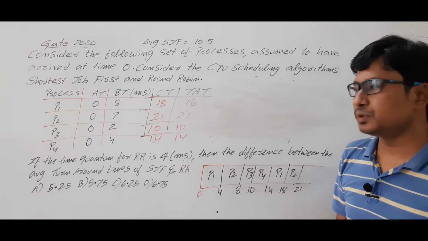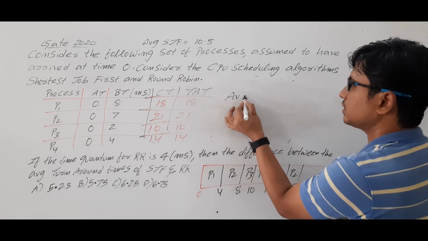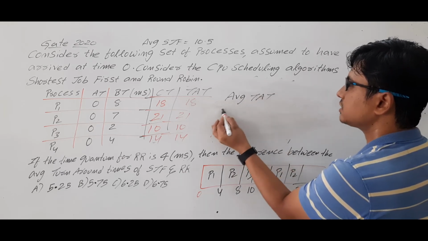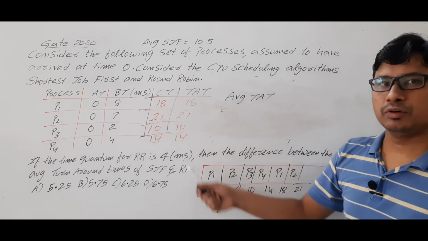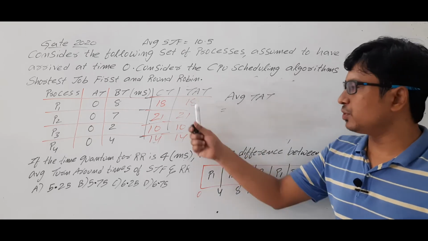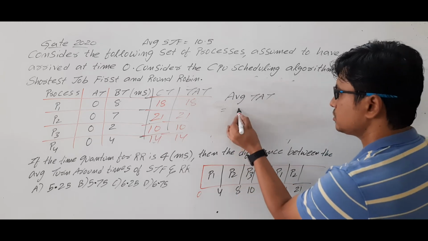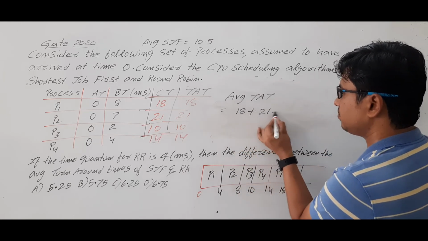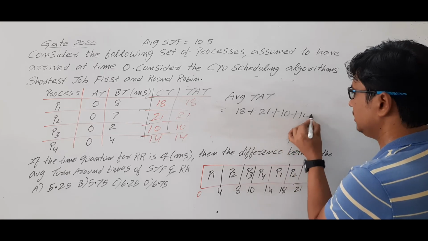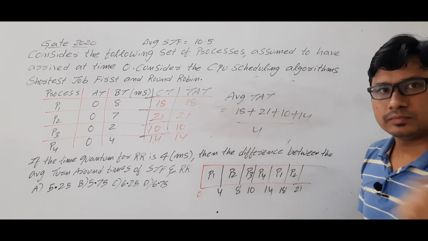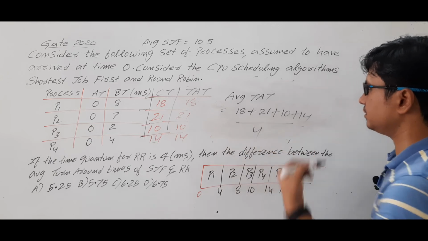Now what we need to do is compute the average turnaround time. How can we compute it? We need to sum the turnaround times of all the processes and divide by the number of processes. So that is (18 plus 21 plus 10 plus 14) by 4. Is it clear? I hope it is visible for you.